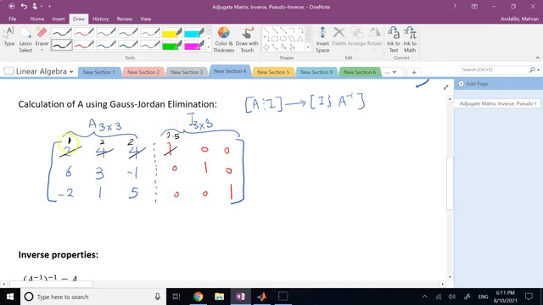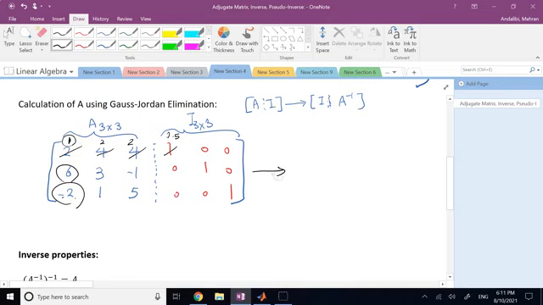And now you try to multiply an integer or any multiple of row 1 added to rows 2 and 3 to get these two elements to 0. Clearly the numbers you need to multiply by are 6 over 1 negative of that, so negative 6, and negative 2 over 1 negative of that, which is positive 2, right?